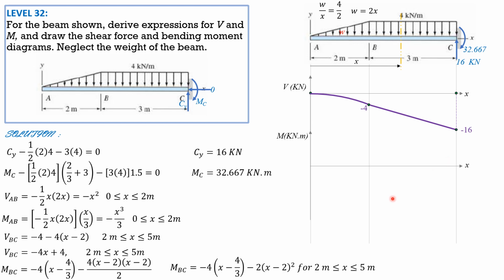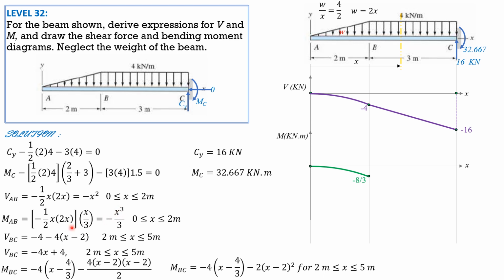Then for the moment diagram, first AB, negative x cubed over 3. When x is 0, it is 0. When x is 2, negative 2 cubed over 3, negative 8/3. So negative 8/3 and 0 must be joined with a concave downward curve, because the coefficient of this third degree curve is negative.